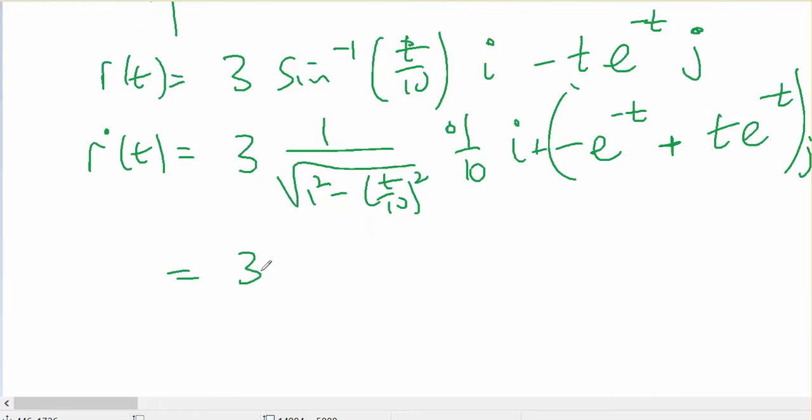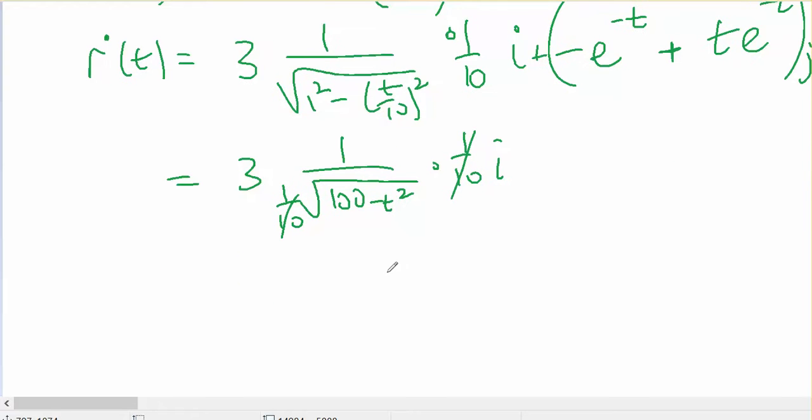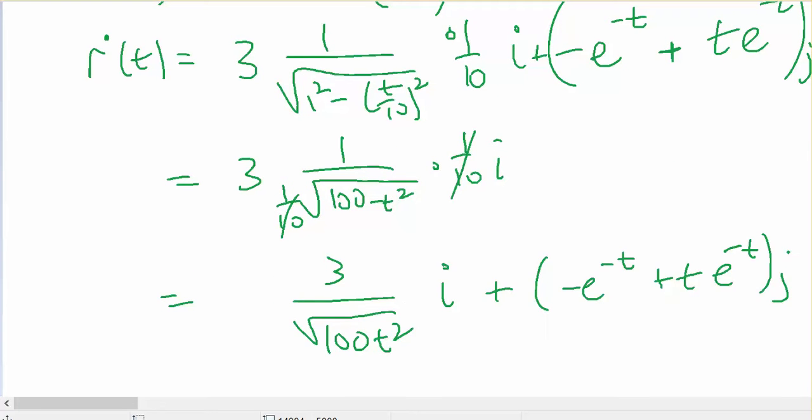And this is going to be 3, 1 on top of the square root of 100 minus t squared, times 1/10 times 1/10. So those 1/10 will cancel, and that will be 3 on top of the square root of 100 minus t squared. Okay, so that simplifies to give me that.